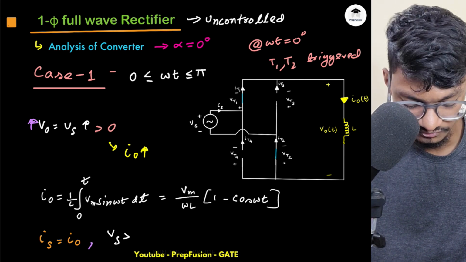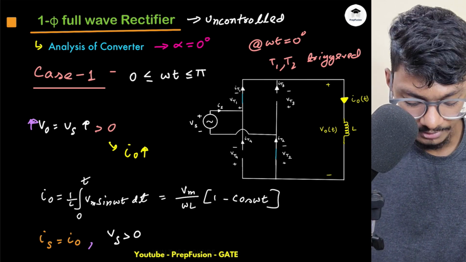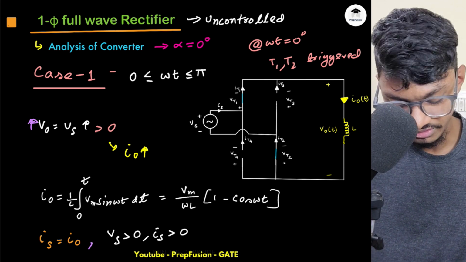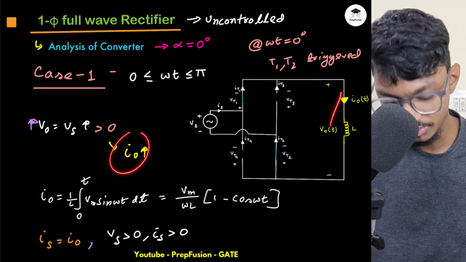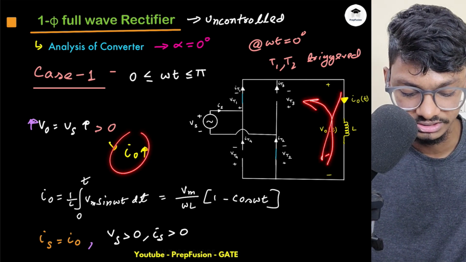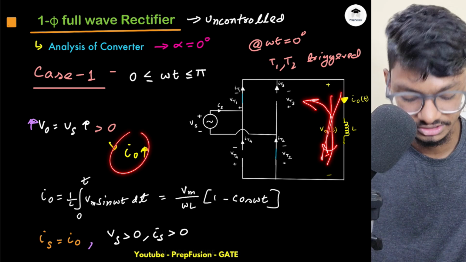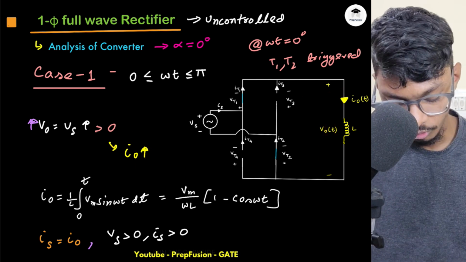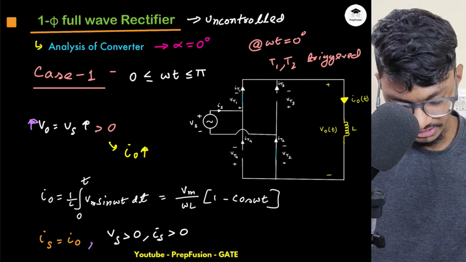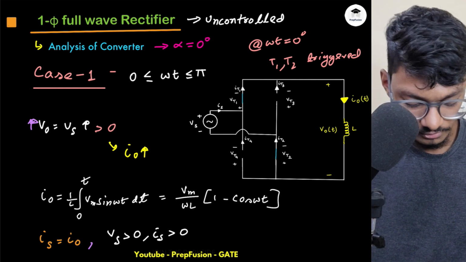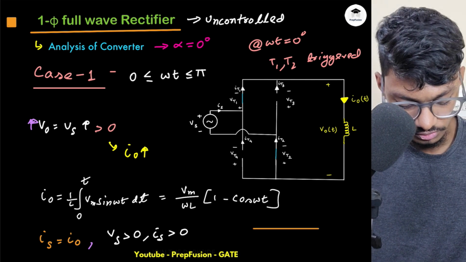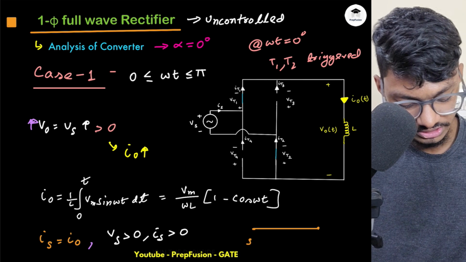Vs is positive because it is on the positive half cycle, and my Is is also positive, because IO is always positive. It can never flow in the other direction. IO will always flow in this direction, and IO is increasing. So both of them are positive. That means power is flowing from the source to load.